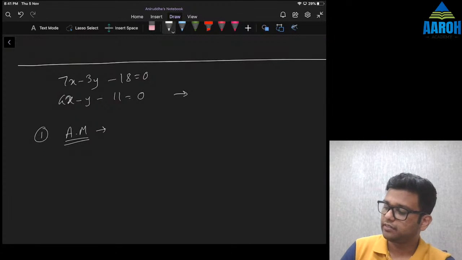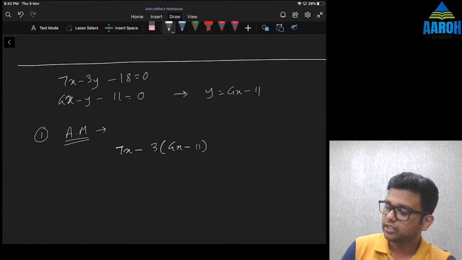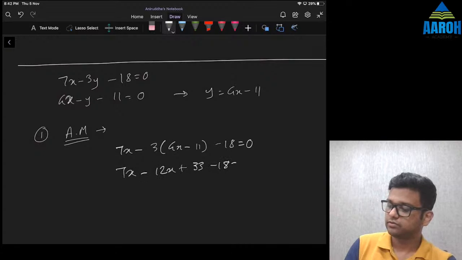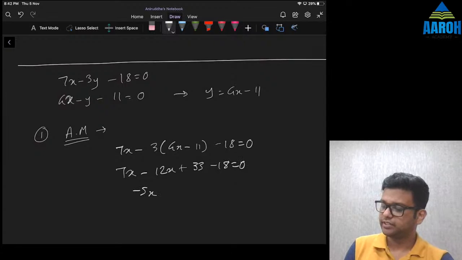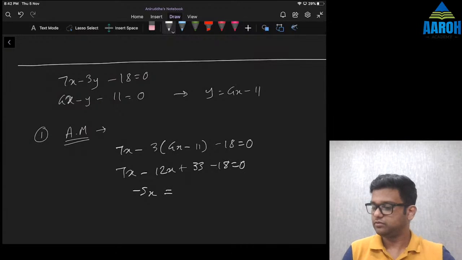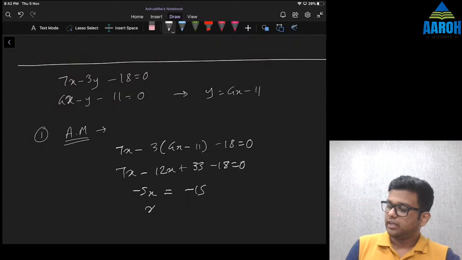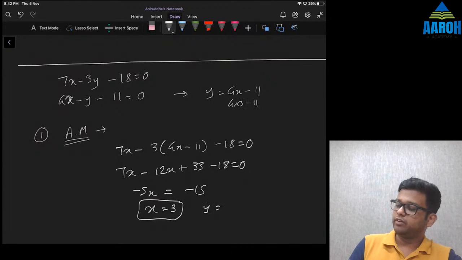Like we can take the second one as y is equal to 4x minus 11. Then we put it in the first one: 7x minus 3 into (4x minus 11) minus 18. That gives us minus 5x is equal to minus 15. So x should be equal to 3, and if we put 3 here, 4 into 3 minus 11, y should be equal to 1.